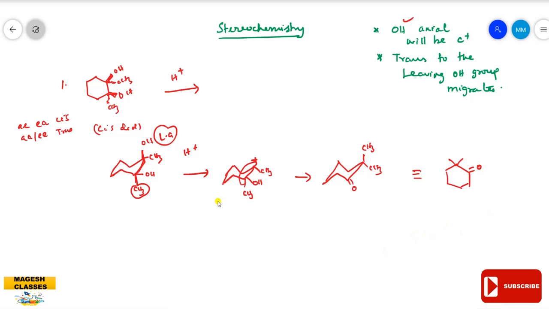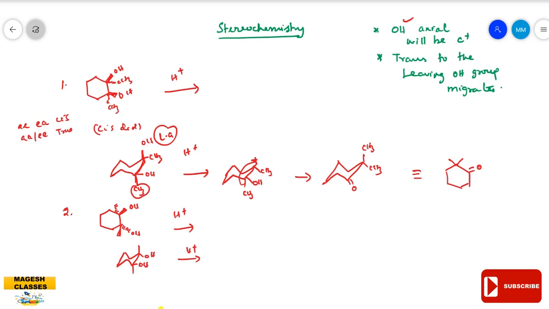Then the trans diol. It is a trans diol. In the case of trans, it is equatorial and equatorial. Equatorial is more stable, so I have taken the equatorial format. So this OH is equatorial, and here the OH is equatorial, and the two methyl groups. Okay, when it is treated with H plus, what is the product? Either of the OH groups is similar.